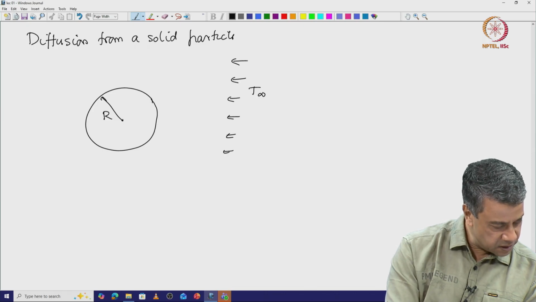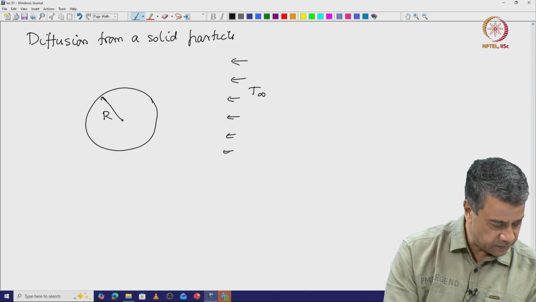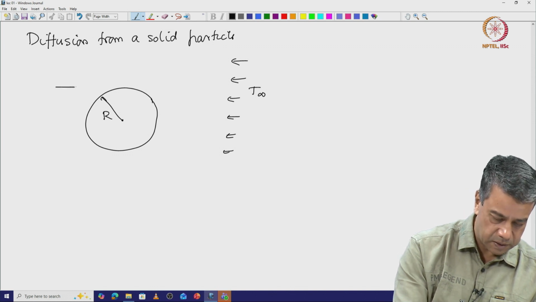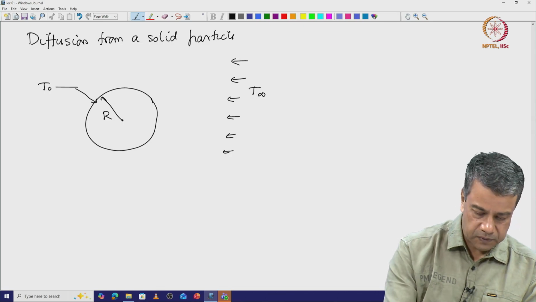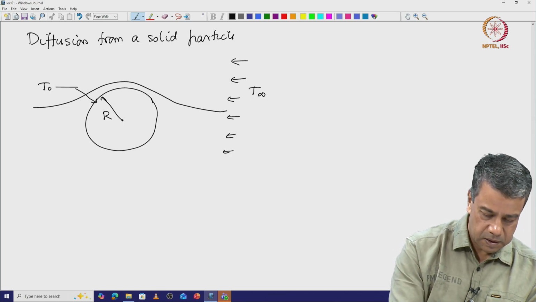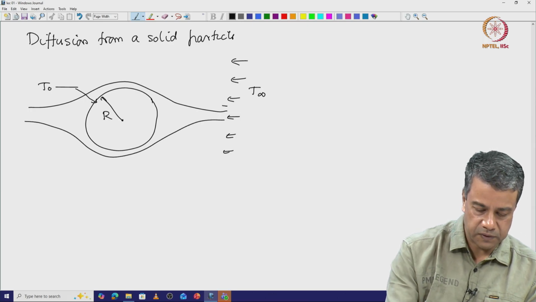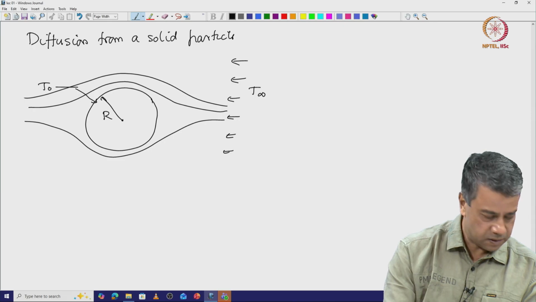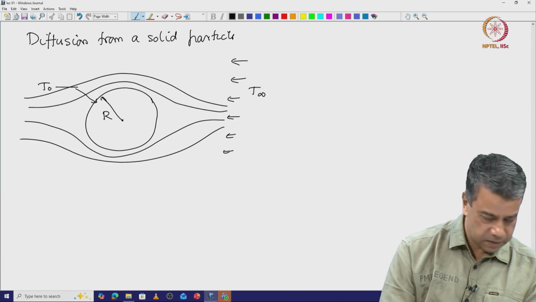The temperature at the surface of the particle is T naught. And as the flow goes around the particle, I want to find out what is the rate of heat transfer, rate of thermal diffusion from the particle.